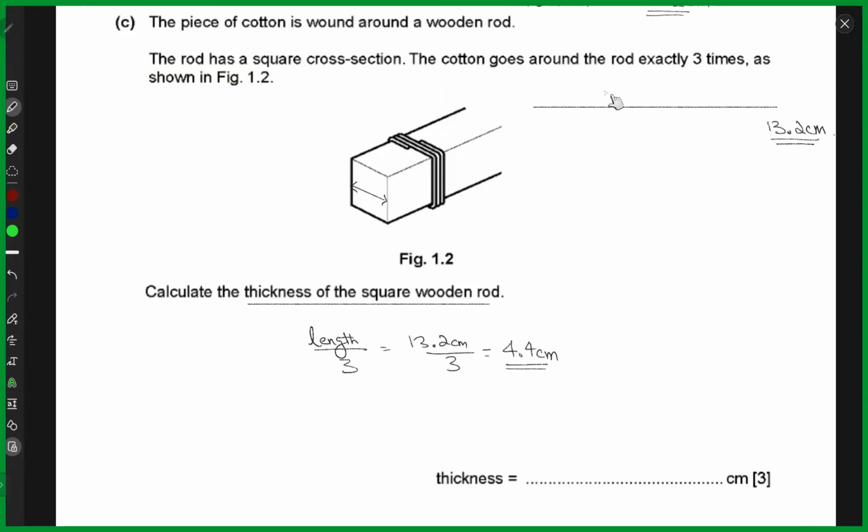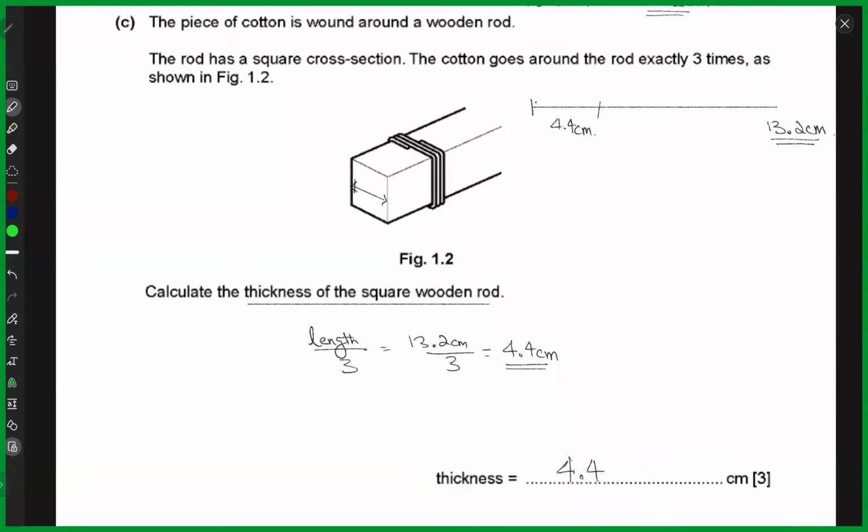So you can say that this part of the cotton was wrapped around this rod one time, and that's 4.4 centimeters. If it wraps around one time, and you divide the entire length by 3, that gives you 4.4, which means that the thickness of this rod is 4.4 centimeters.